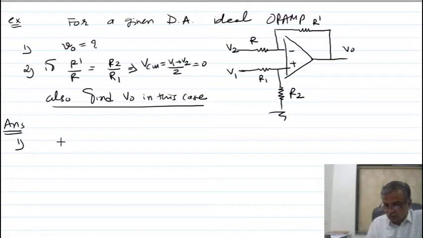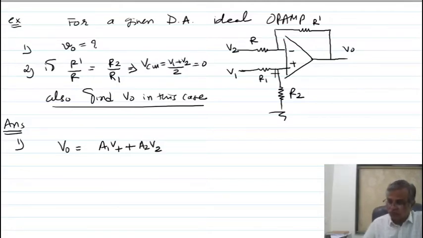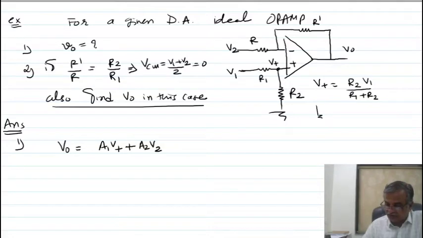So, using the superposition principle, we can say that output voltage is given by A1V1 plus A2V2. Voltage at this point I am writing V plus. So V plus is R2 into V1 upon R1 plus R2. We already know the potential divider network.